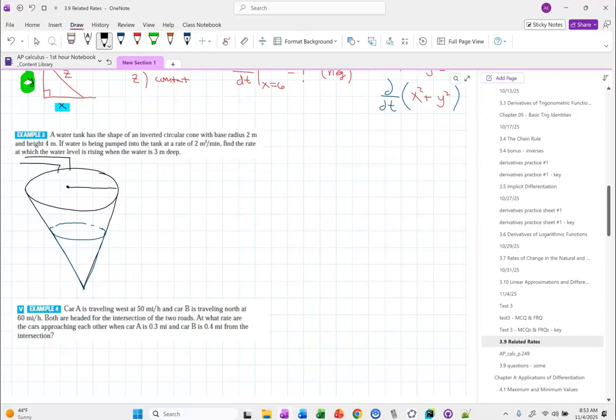So I'm going to have a radius for the cone. Actually, let's say, not for cone, we'll say T for tank. And a height for the tank.